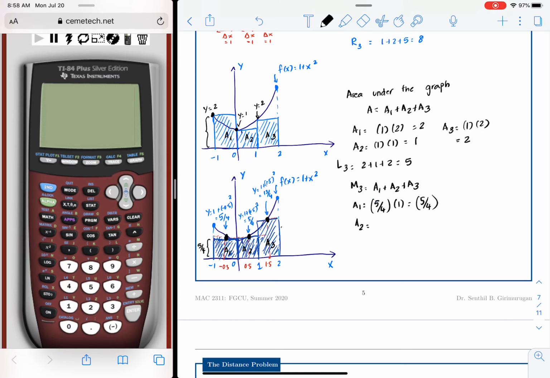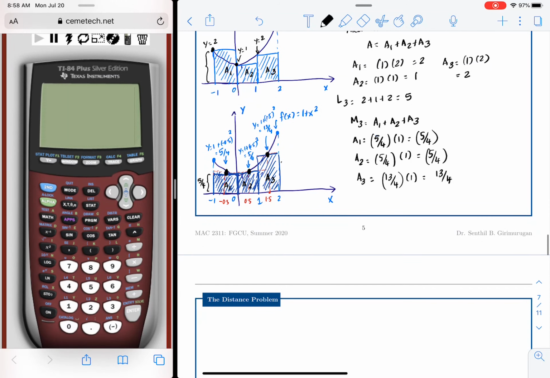A2 is also 5 over 4. Height, width is 1, we have 5 over 4. A3 would be, the height is 13 over 4 multiplied by the width, which is 1. So we have 13 over 4. If I add all of those, I'd get 23 divided by 4.